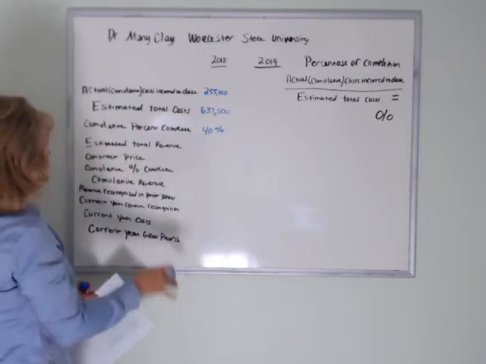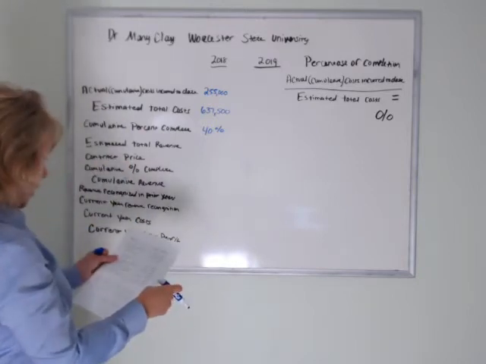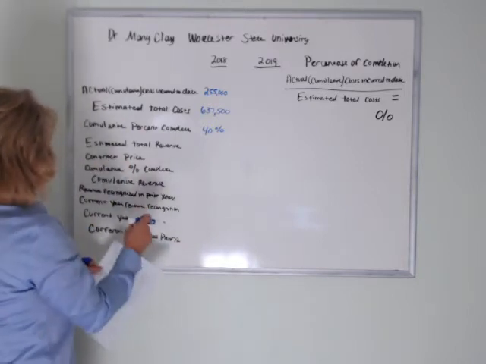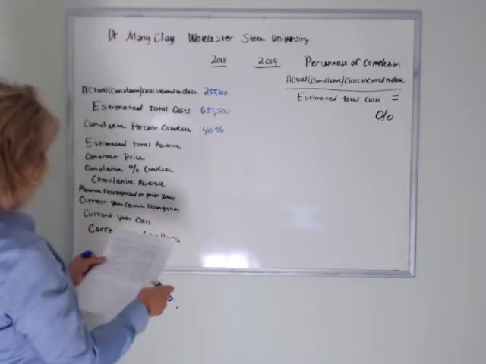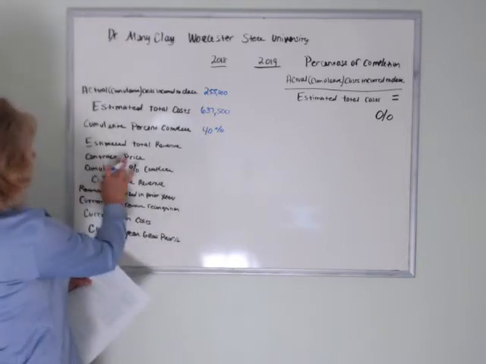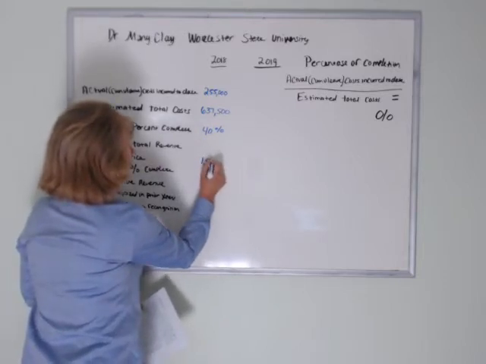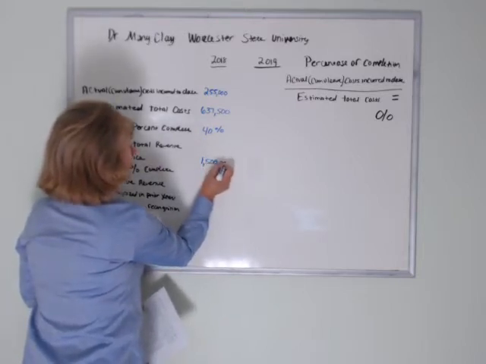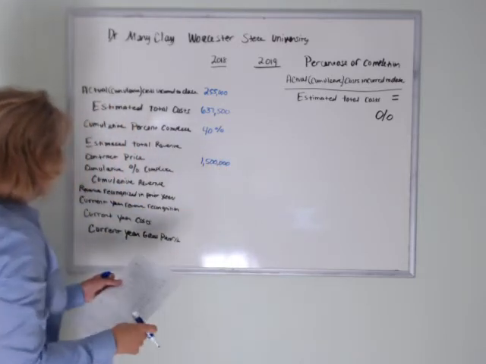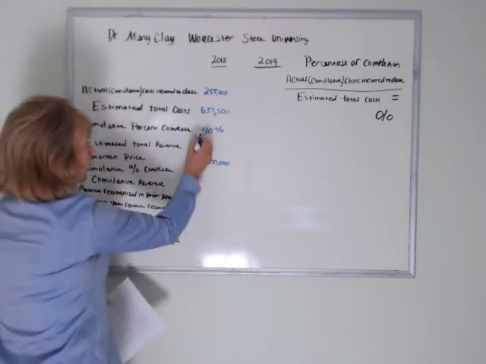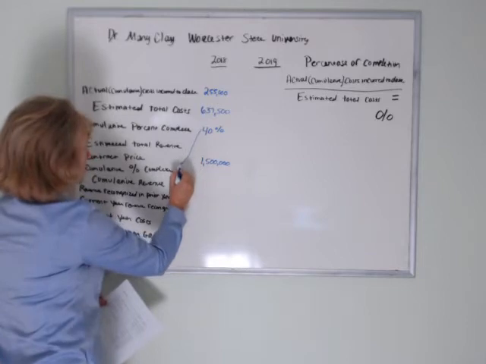Now the contract price is right here, which is $1,500,000. That's in the beginning; that will be given to you in the problem. Cumulative percent complete, you're just going to bring this number right down.